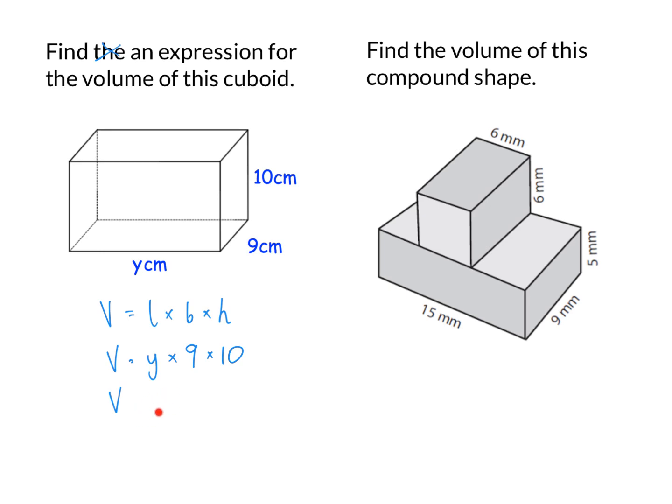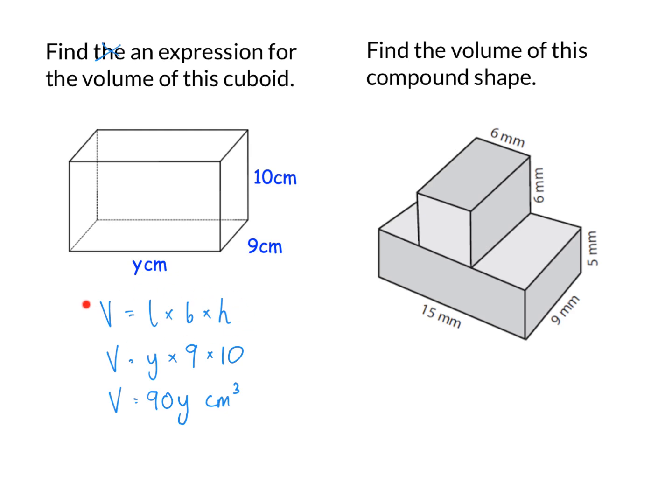The number at the front, we would call that the coefficient, and then any letter terms would go at the end. So 9 times 10 is 90. 90 times y is 90y. Because all of these are in centimetres, I've got 90y centimetres cubed.